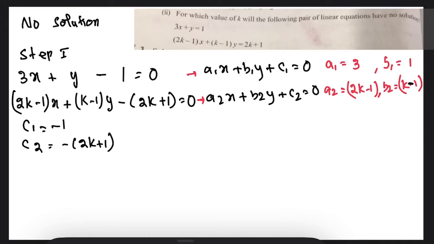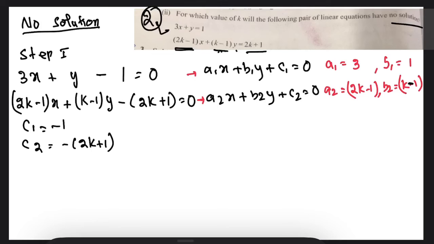The second question is saying, for what value of k will the following pair of linear equations have no solution? It has what? No solution. So 3x plus y equals 1, and 2k minus 1 x, this is the coefficient of x, and k minus 1 y, the coefficient k minus 1, equals 2k plus 1, this is our constant.